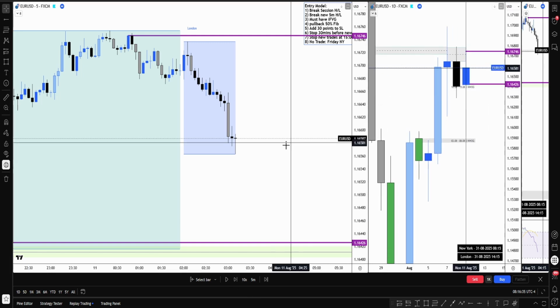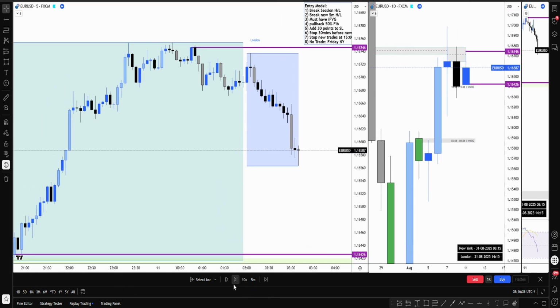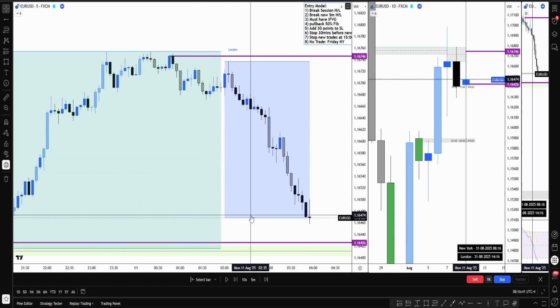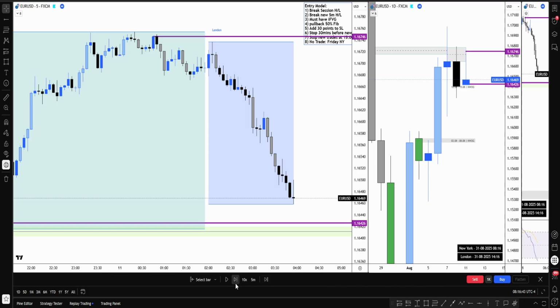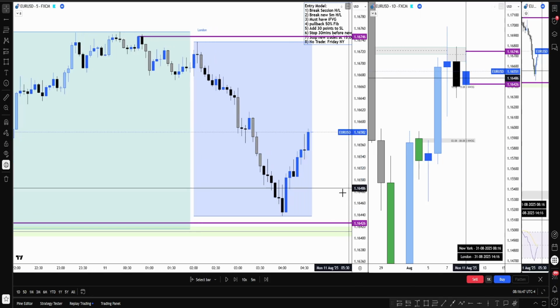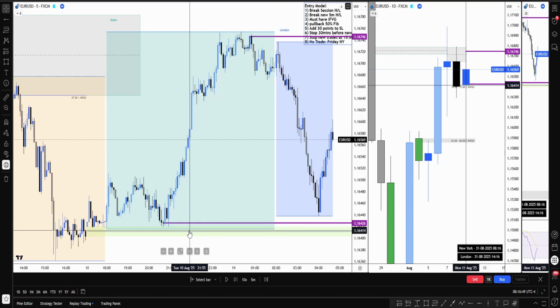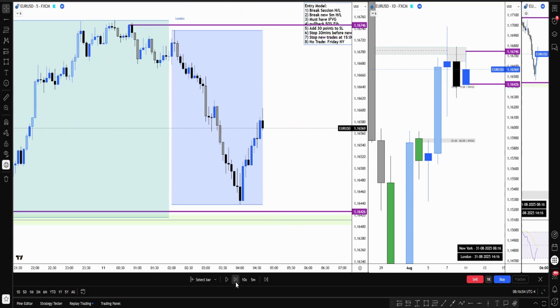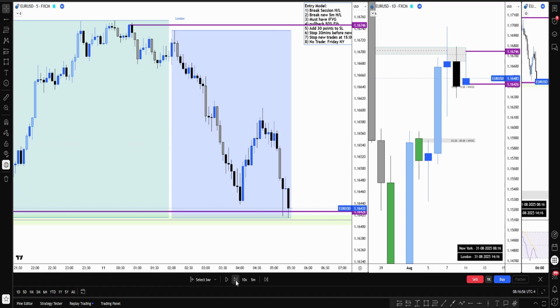Let's do this. Now I can clearly see the whole session. You have the whole session in your view. Okay, so we have not tested the low of the Asian session yet. I wish we did, but not yet. Now we did.